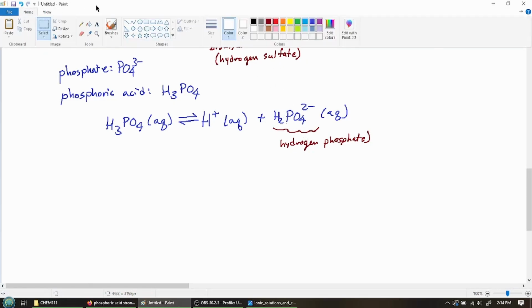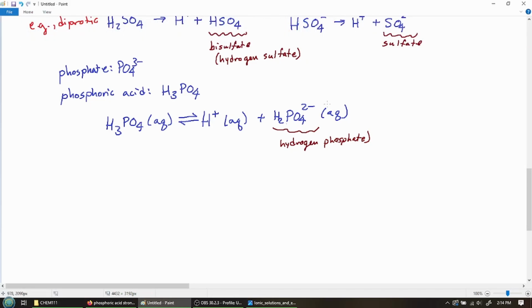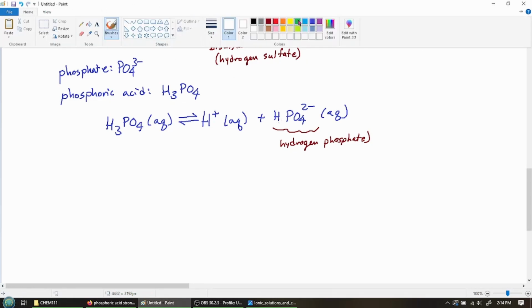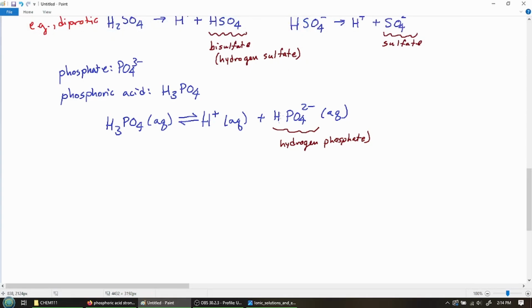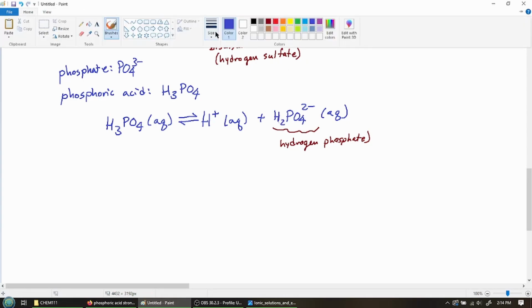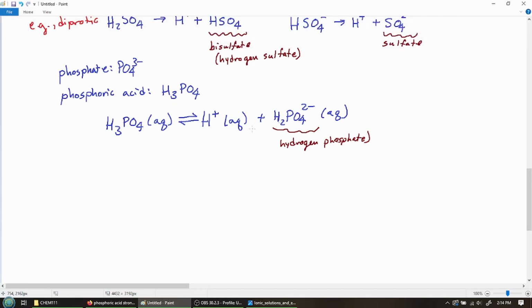Yes, you're right. That should be H2PO4 because only one proton has split off from this molecule. So we're going to name this one H2PO4 minus.